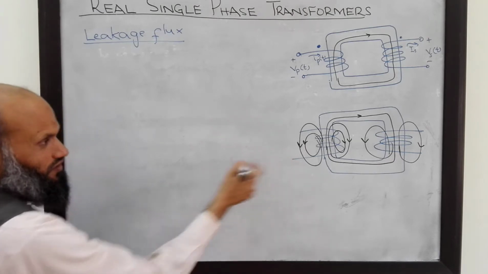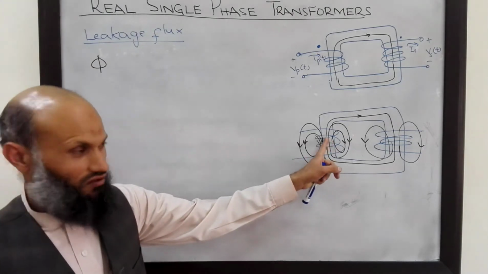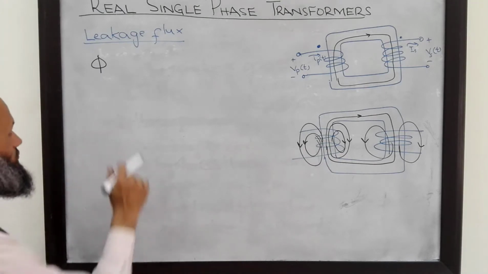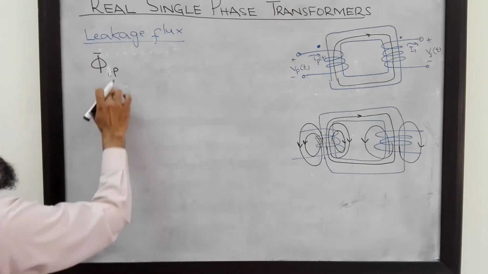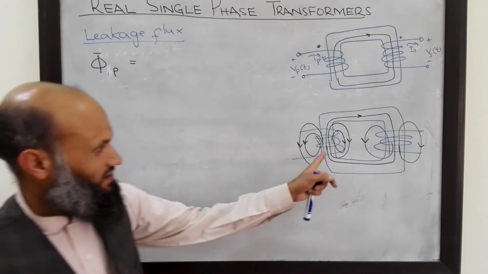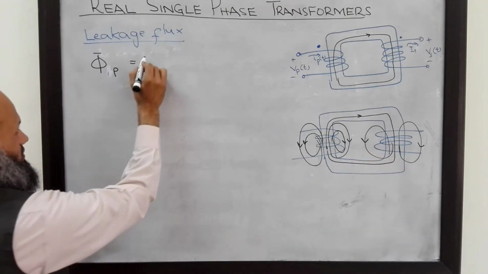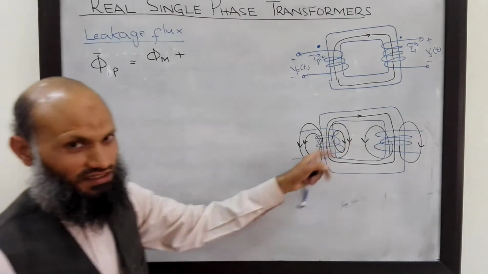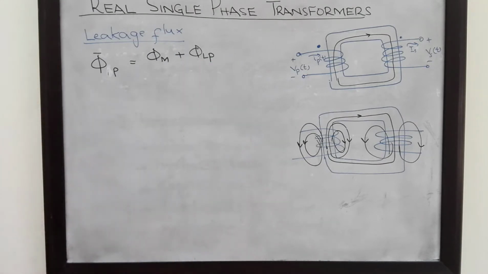In the case of a real transformer, different turns of the coils have different flux linkage. So we define the average flux linkage. The average flux linkage with the primary winding consists of two parts: the flux which links with both the primary winding and the secondary winding, let's call it phi m, the mutual flux, and the flux which leaks into the air on the primary side, the leakage flux on the primary side.